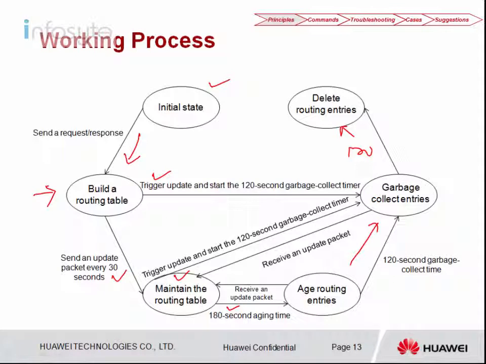Now, if your route is in the garbage collect state, still within the aging timer between the 180 and 120 garbage collection time, and an update comes, it will restore your entry back into your routing table. So this is the entire working process of RIP.